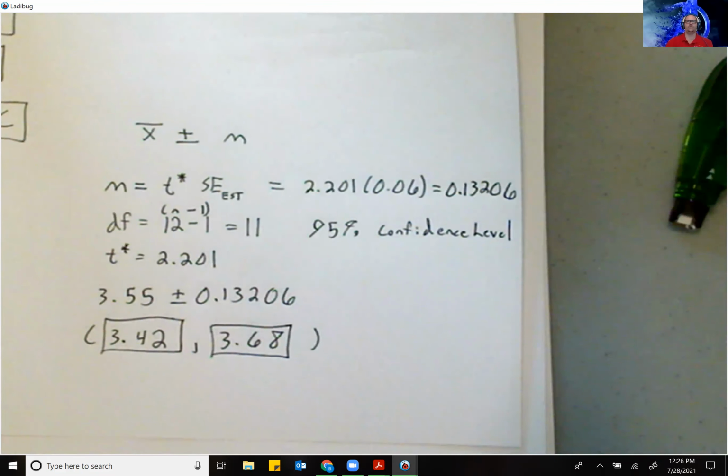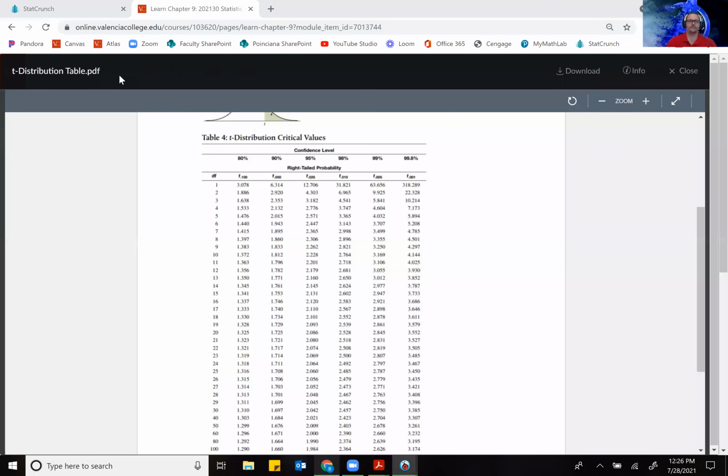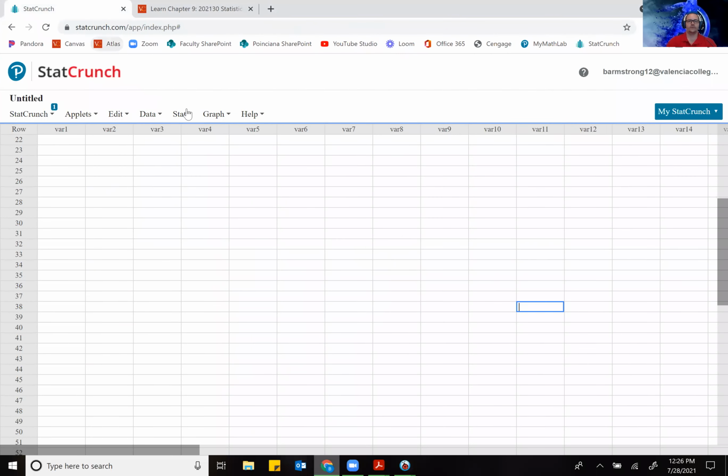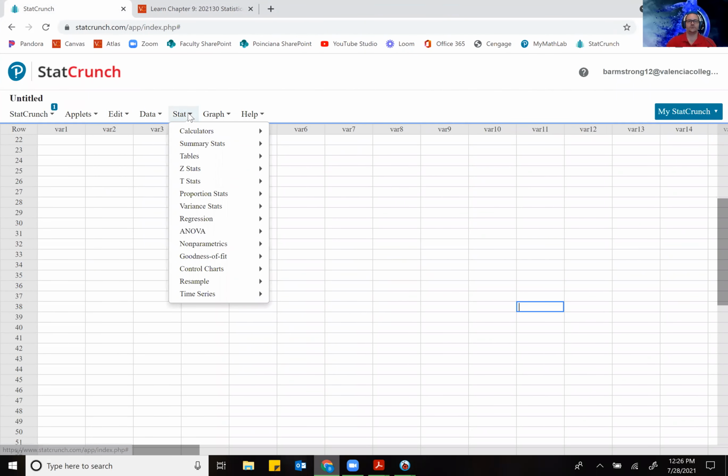Is everyone okay so far? So let's talk about how StatCrunch can help us. If we go to StatCrunch, we go to T stats because we are working with means.